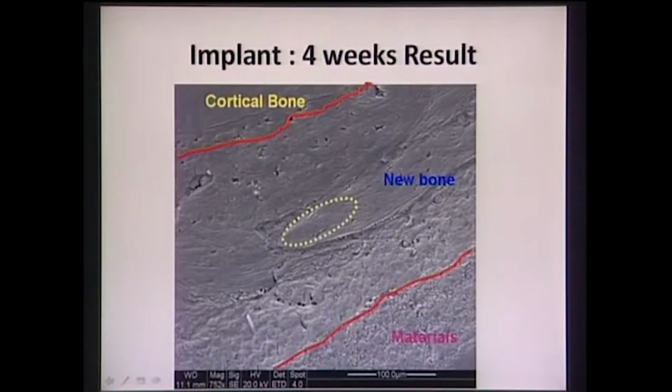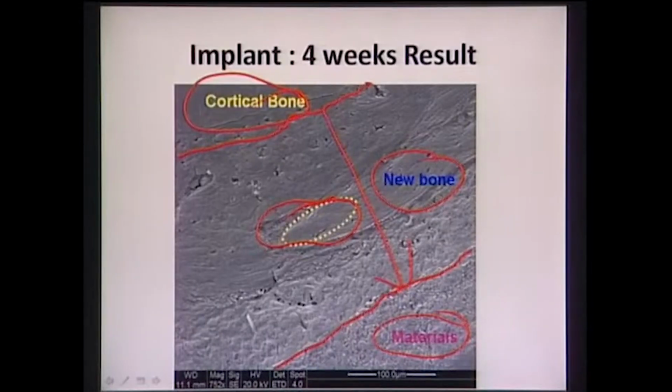What you can see here, this is your material, and this is your new bone. There are some regions where the Haversian canals are, and you have this cortical bone, which is your natural bone. This is the entire bone-material interface, and this is your material. That means this material shows good in vivo biocompatibility.